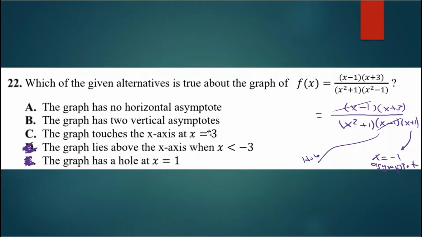Okay. Here, why D might also be correct: if you imagine any value that's smaller than -3 here, like -4 or something, substitute, you will get -4 minus 1. It's negative, multiplied by negative, because negative times negative is positive if x is smaller than -3, and I have here a positive value and a positive value.